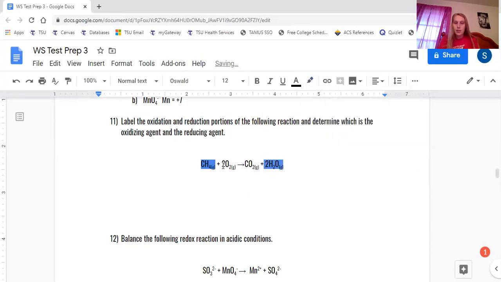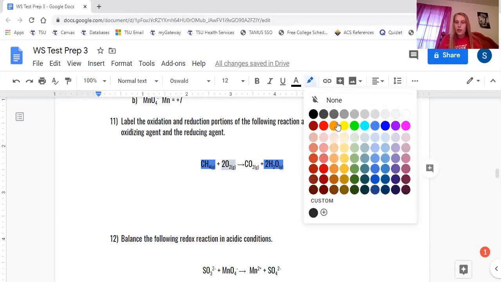And then that means this will have to be the reduction here. Go ahead and do that in red.